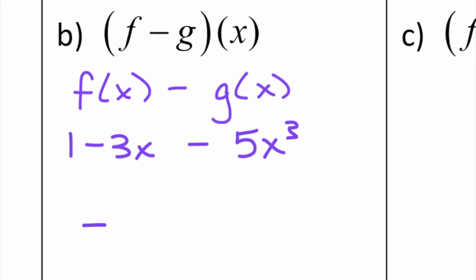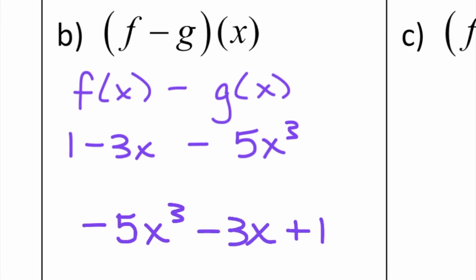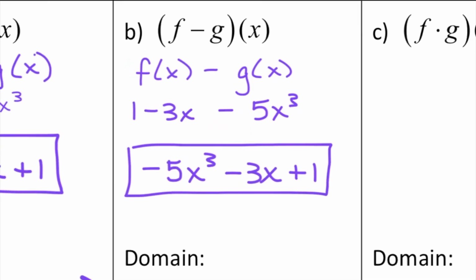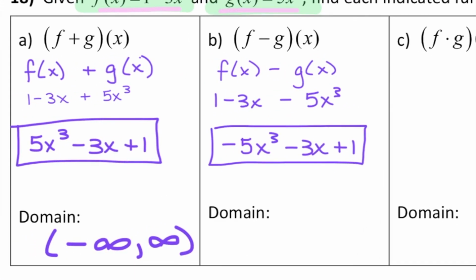And again, if you want to rewrite it in standard form, that's fine with me. You don't have to, but it would look like this. Just don't mess up your signs. If you're going to rearrange the terms, make sure that you've got the right signs. And again, nothing about f, nothing about g, and nothing about my answer says there would be a domain restriction. And so I'm going to write that my domain is all real numbers.